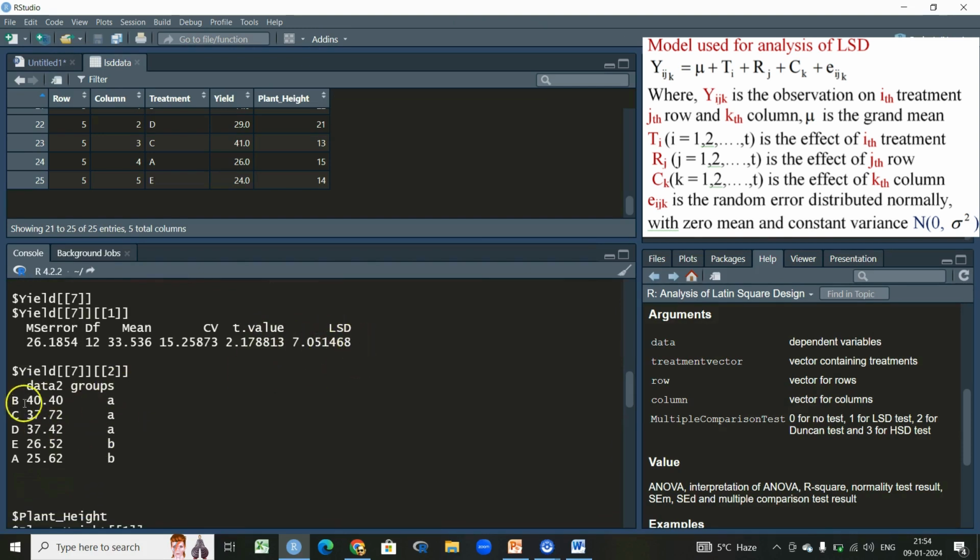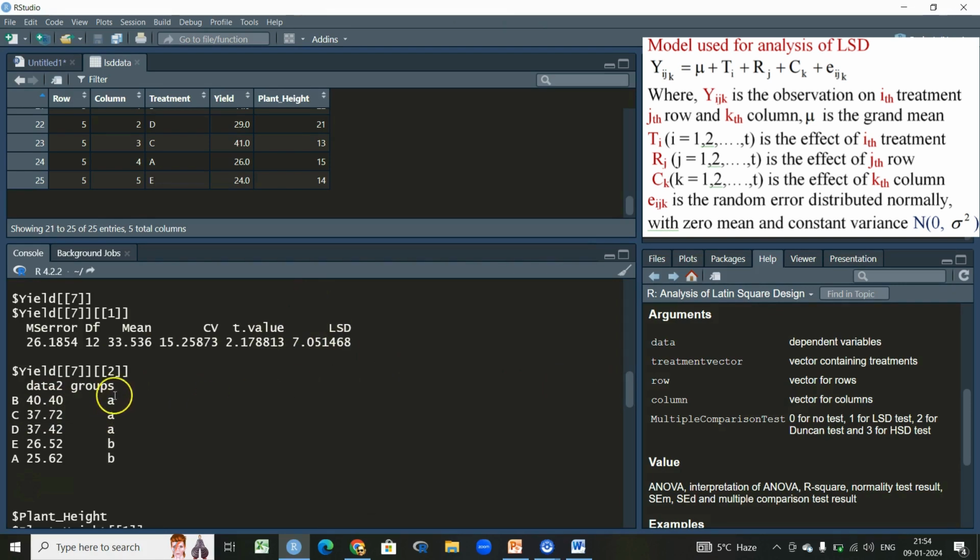In this case, B, C, and D are non-significant with each other, but they are significant if we take the example of E and A. The rule of thumb is, if the difference between two means is greater than the critical difference or least significant difference, then they are found to be significant. But in this case, the difference between B and C is low in comparison to the least significant difference, and the same is evident from the codes.